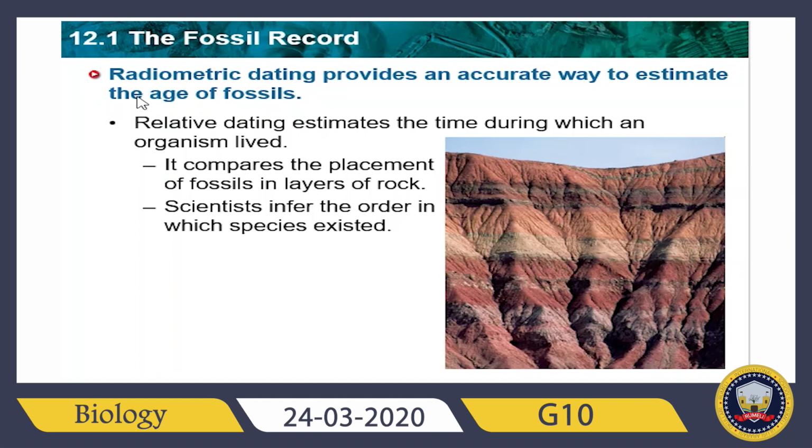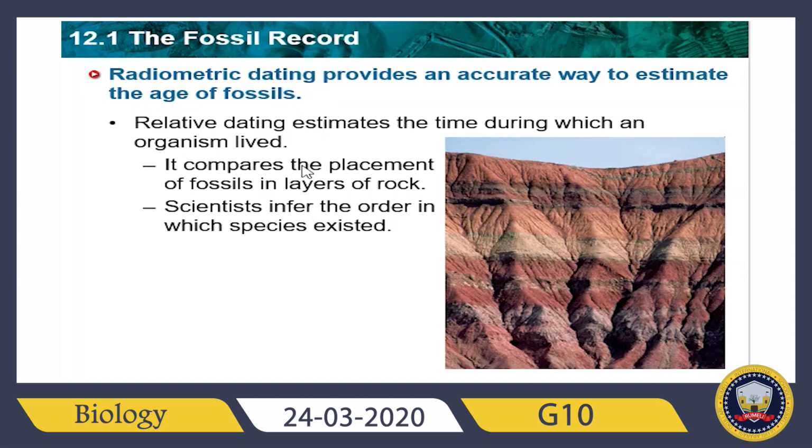The first one we call relative dating, and guys, relative dating estimates the time during which an organism lived by comparing the placement of fossils of that organism with the placement of fossils in other layers of rock.